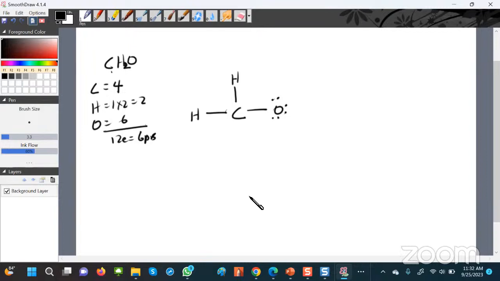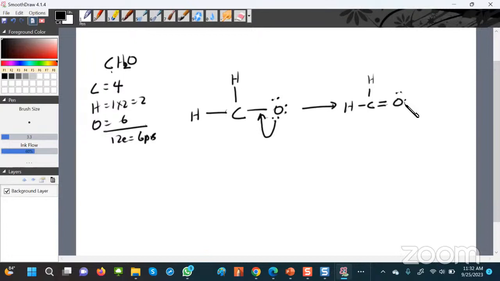And again, if you look at the structure, you see that the carbon is deficient in terms of not having 8 electrons. So how do we solve that? One of these pairs of electrons will go here to form an extra bond. So therefore, the resulting structure would be that. All right.